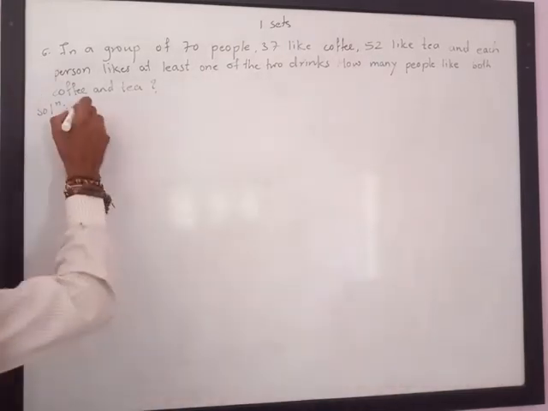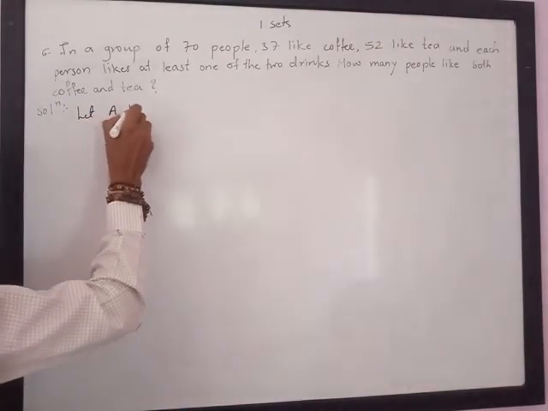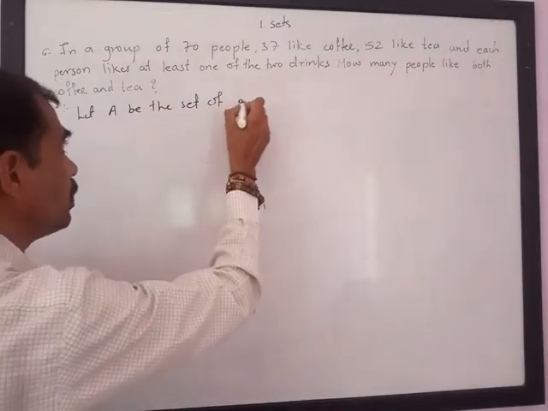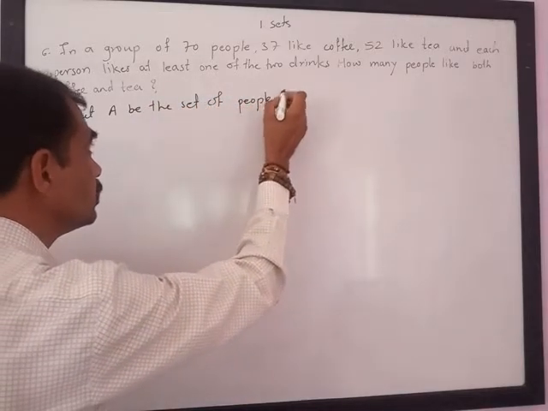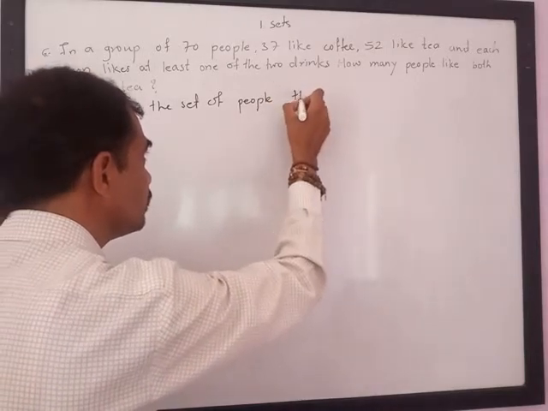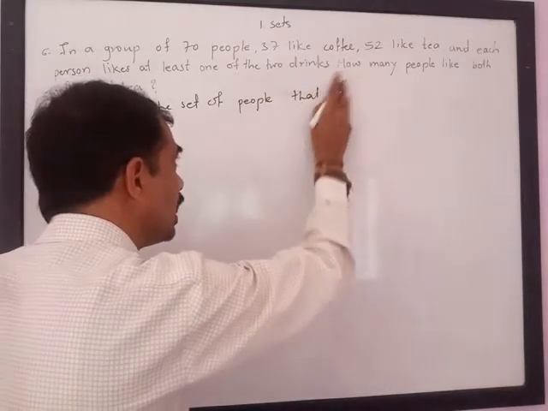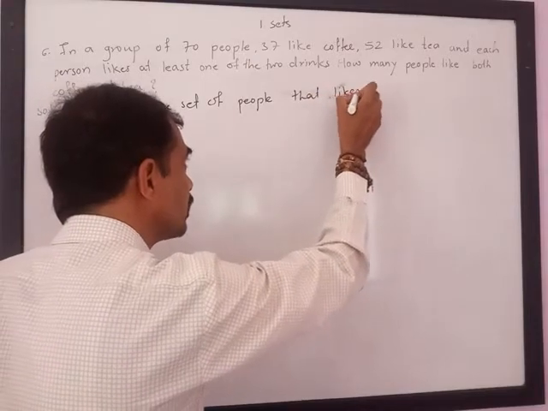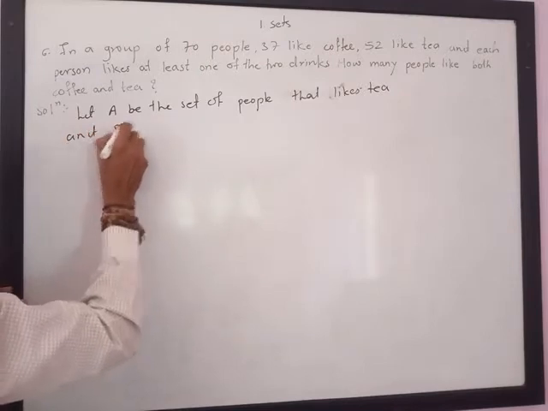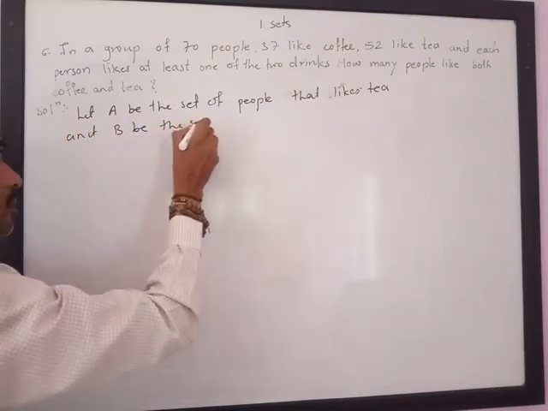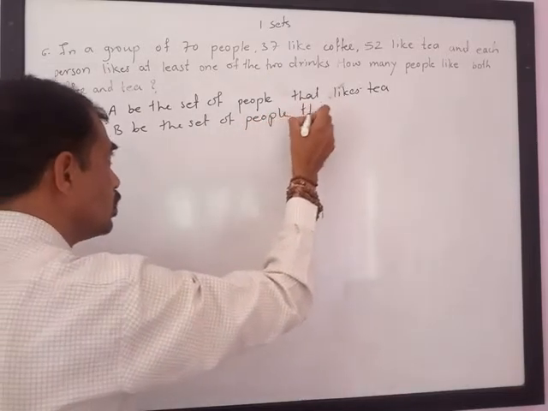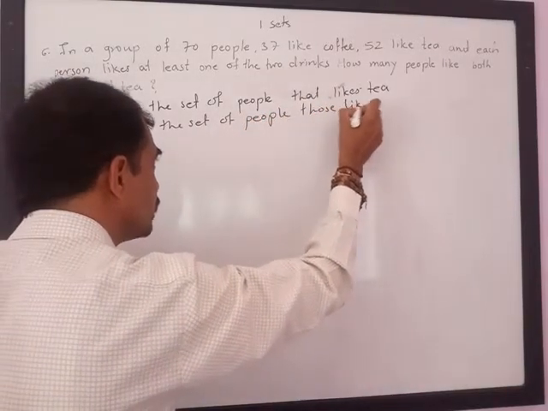So let A be the set of people that like tea, and B be the set of the people who like coffee.